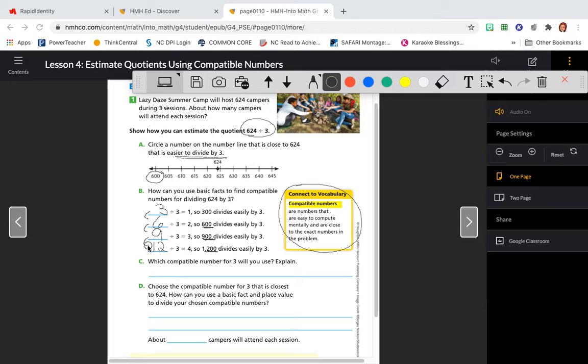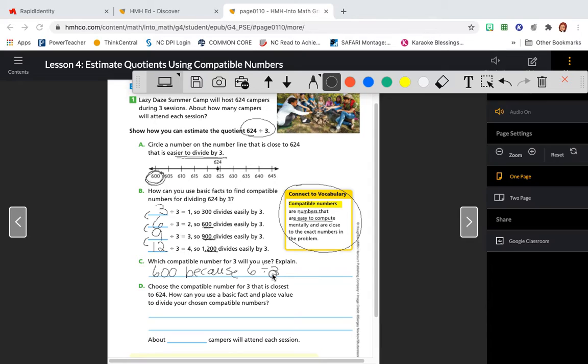All right, let's look at C. Which compatible number, so numbers that are easier to compute, for 3 will you use? Which one's going to be the easiest to use? Well, we said earlier, we circled 600 because we know that 6 divided by 3 is easier to use.